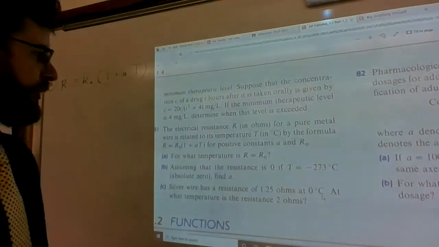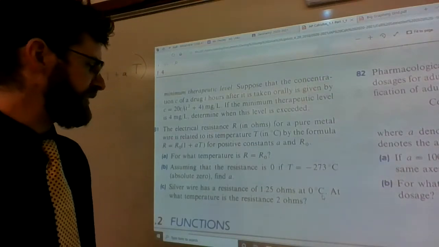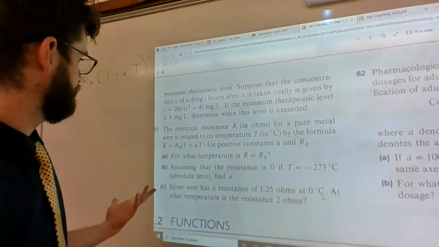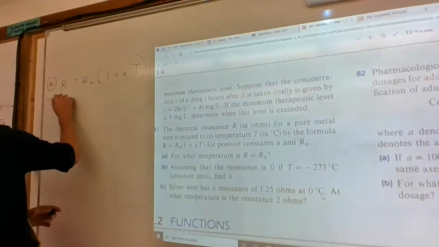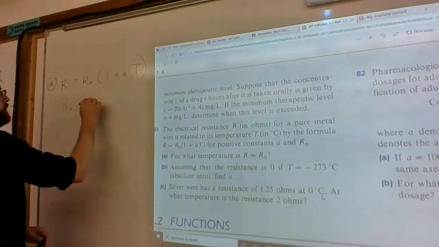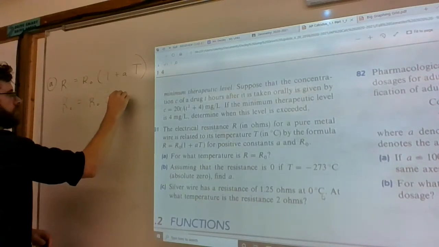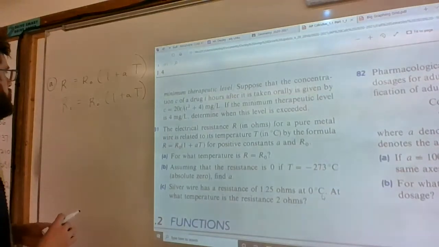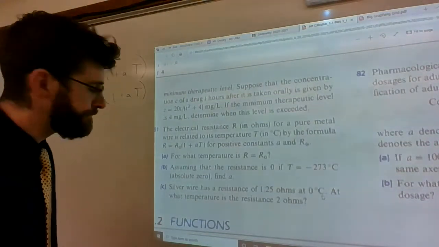So here's what we can do. What we can do is basically just say, let R equal R sub 0. And then solve for T.